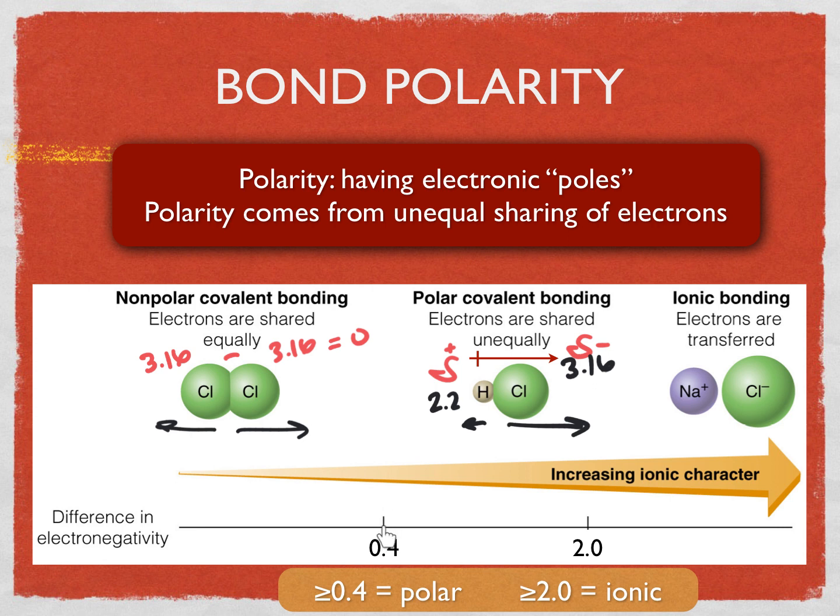Technically, below 0.4 is still considered nonpolar because the difference isn't strong enough to be considering that one element is pulling any stronger on the other. But once you get to 0.5 and up to 2.0, the pull or the unequal sharing of the electrons between the two elements is considered a polar covalent bond, which we talk about right here, electrons being shared unequally. And anything above 2.0, we consider or classify as a full-on ionic bond.